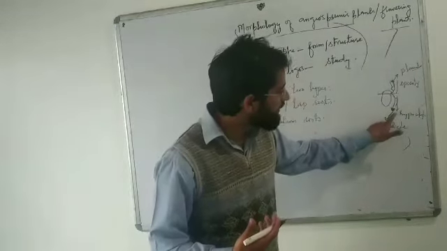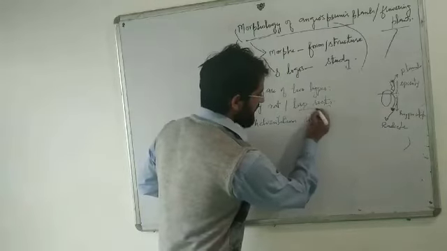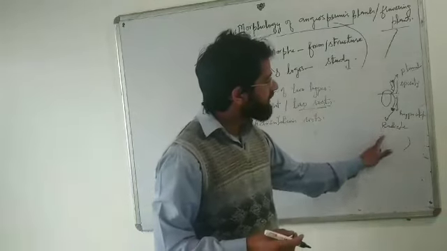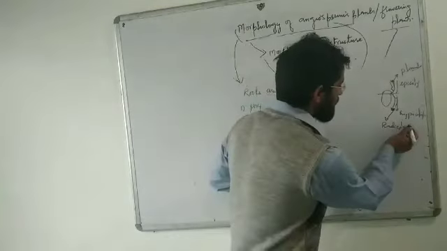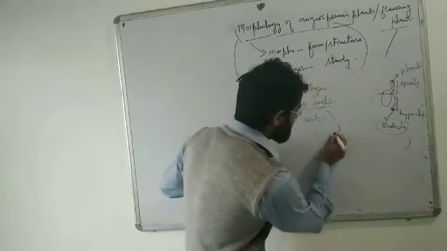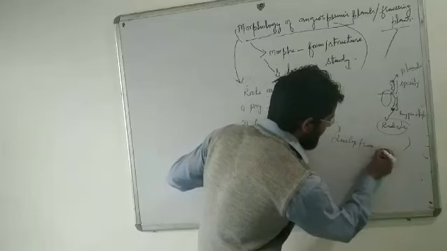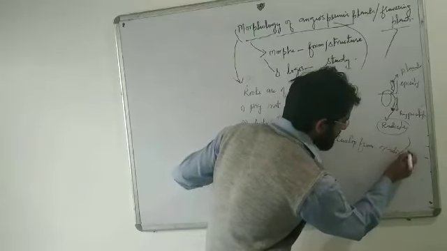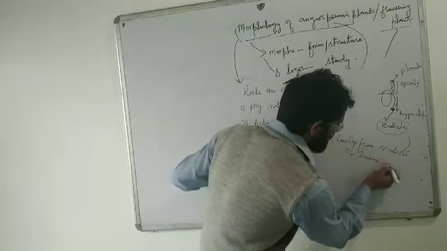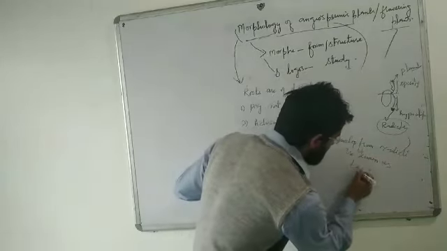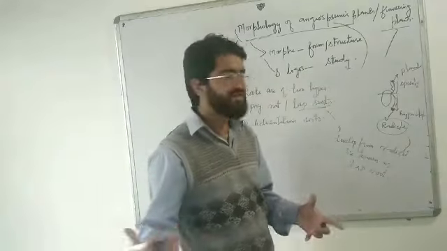If roots develop from the radicle, we call them tap roots. That means those roots which develop from the radicle are known as tap roots, or the taproot system.